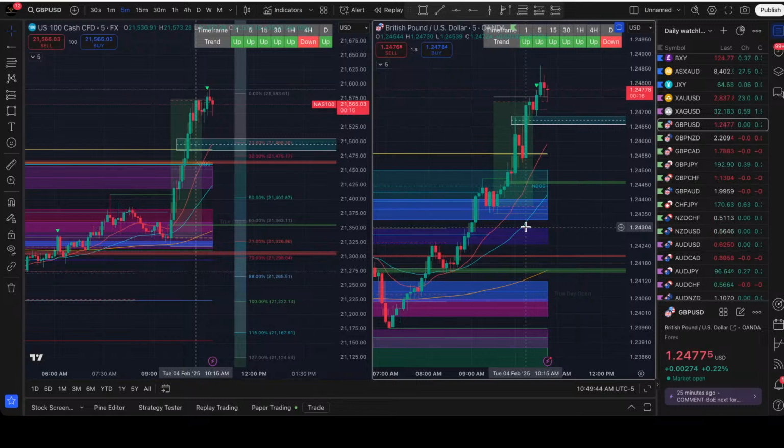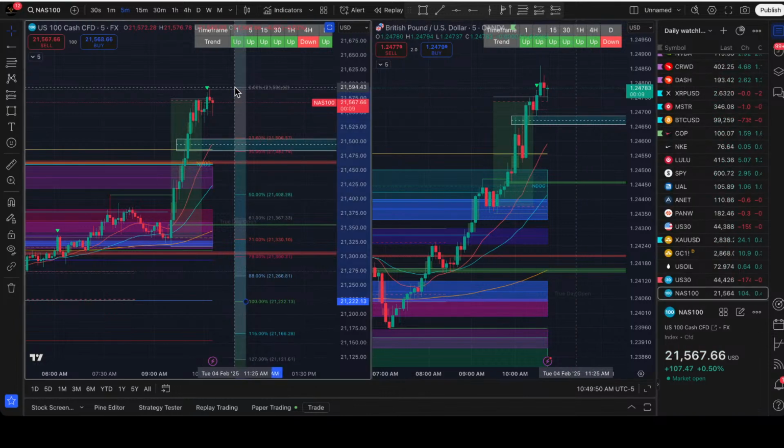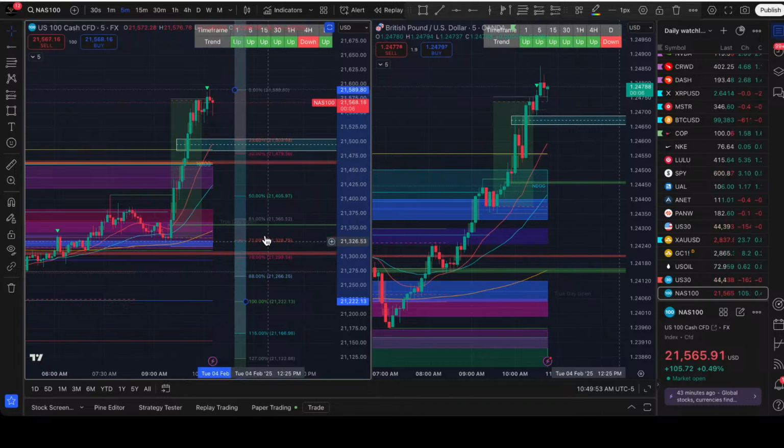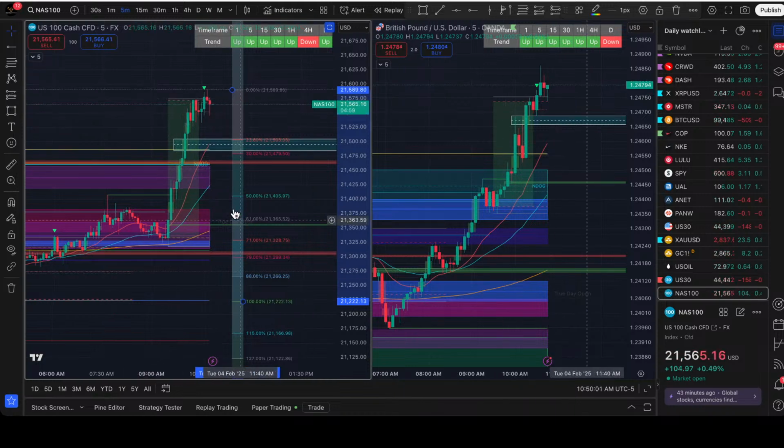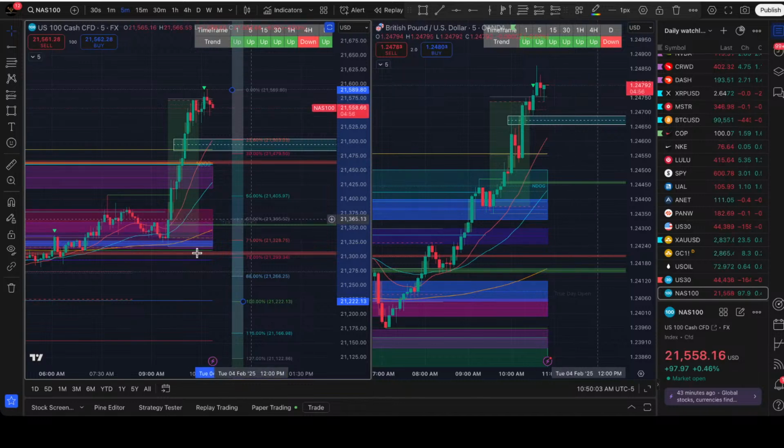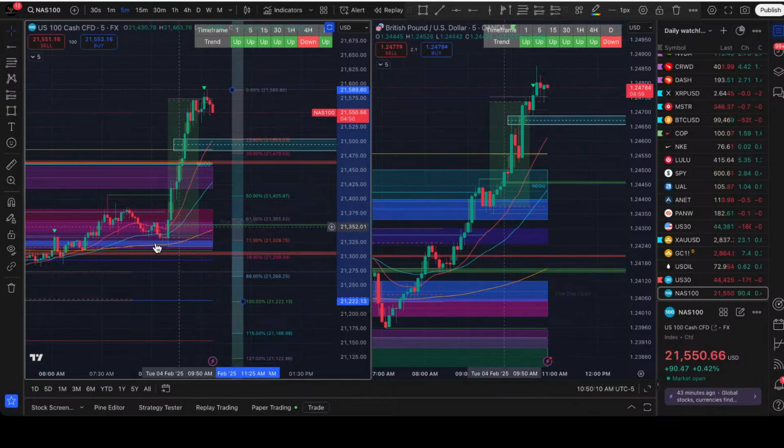Still just patiently waiting. Because it's such a big range, even your golden zone, 61%, falls right into that heavily algorithmic zone where there's a purple zone and a blue zone.